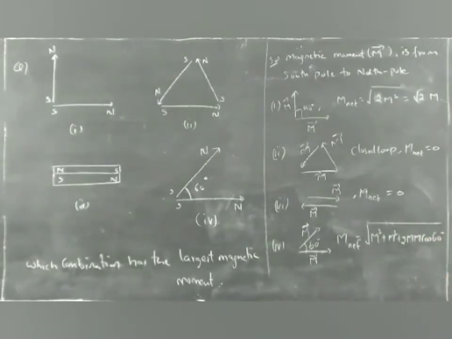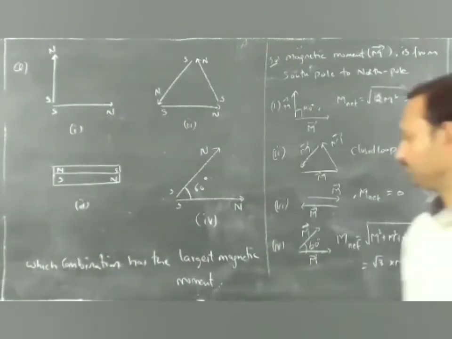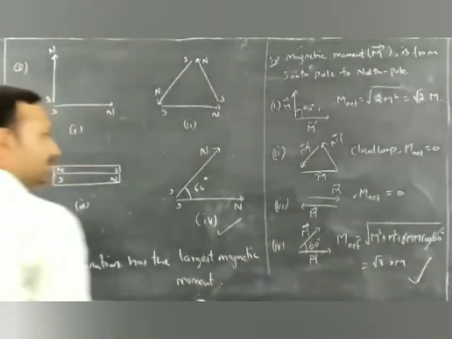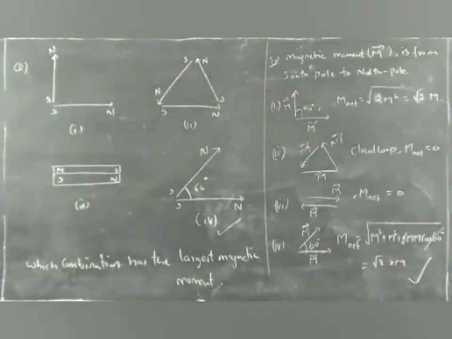Cos 60 is equal to 1 by 2. So cos 60 and 2 get cancelled. So therefore m square plus m square plus m square is equal to 3m square, so it is equal to root 3 times m. Now out of these 4, which one is having the more magnetic moment? Root 3 into m. So therefore option 4 is the correct one.